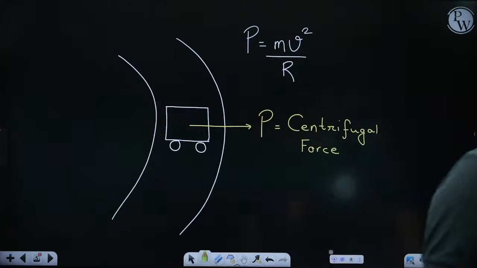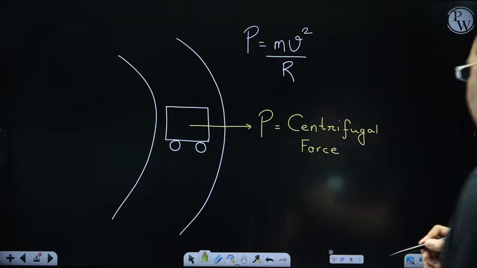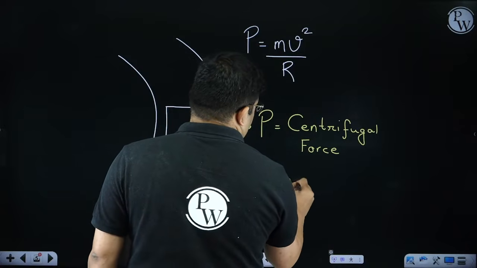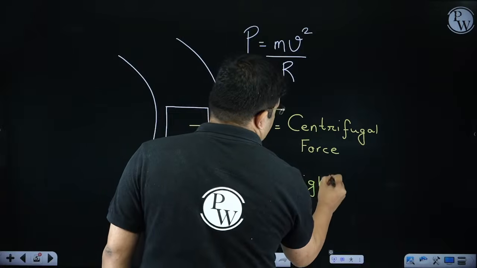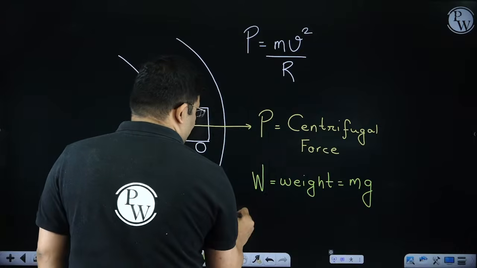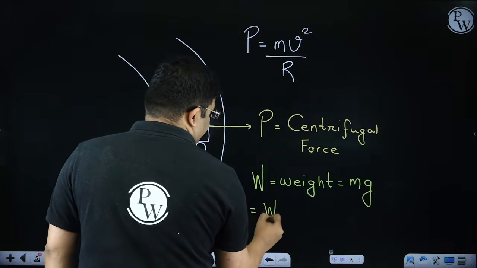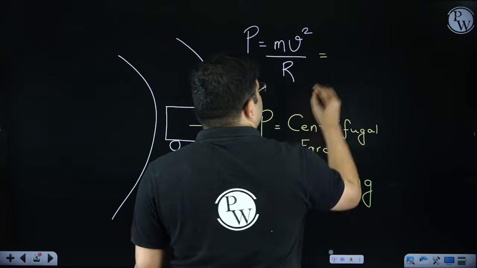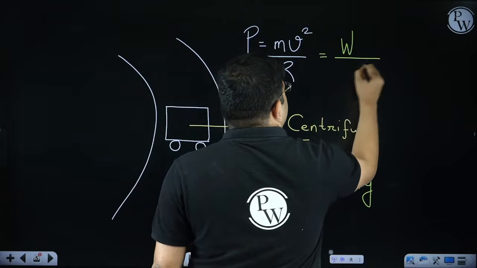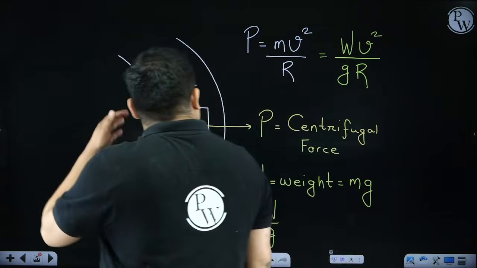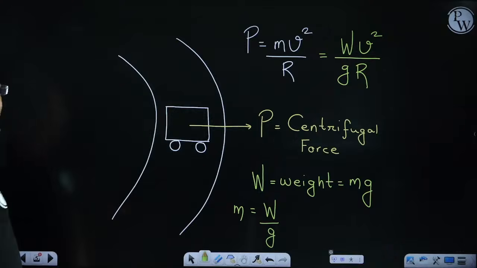Now we can write the weight as mass into g, so mass is equal to weight by g. In place of mass, I can write weight by g. So P is equal to weight into speed square by gr. This is the centrifugal force.